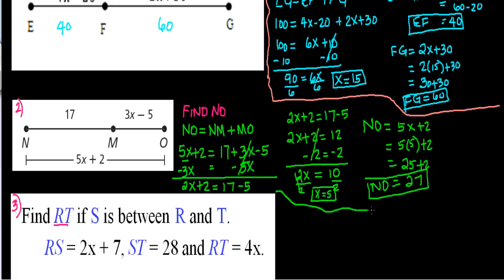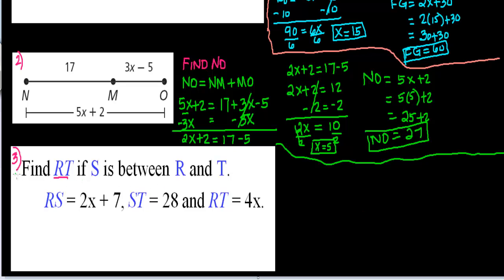Now let's divide this from the third problem. For your third problem, it doesn't give you a drawing, so you have to draw this on your own. Let's draw a segment. Here's the segment. And I might not have enough space to figure this problem completely. So if I don't, I'll give you the answer at least.